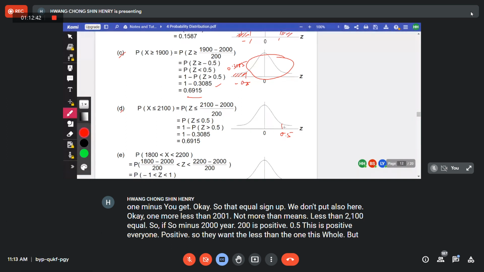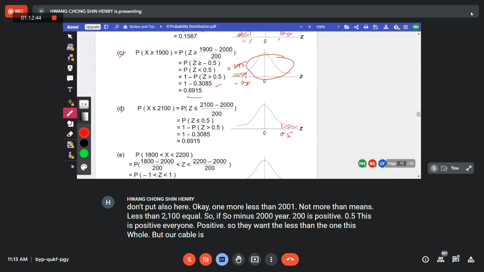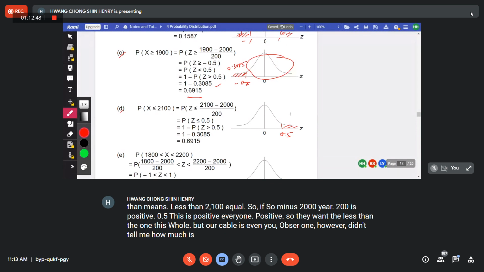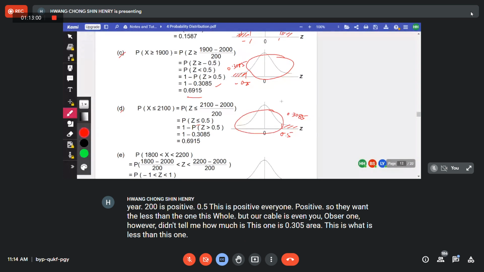But our table is giving you the outside one. Can you tell me how much it is? This one is 0.3085 area. This is what is given. But what you want is less than this one, so you have to take 1 minus the same thing. Anyone still cannot follow?